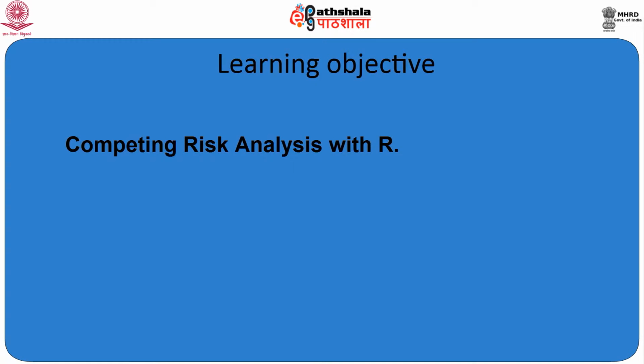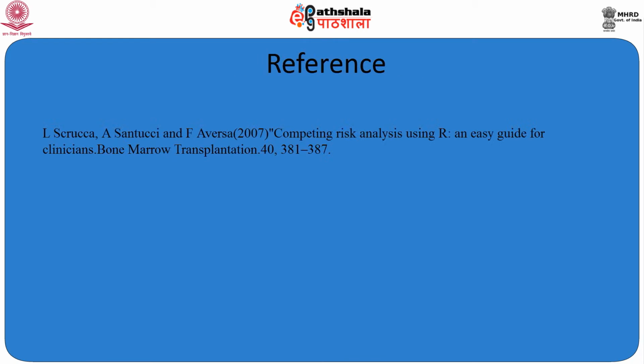Let's start the module. Here the learning objective is how to use R for competing risk analysis. Here we will illustrate one example through R. This reference is on competing risk analysis using R, an easy guide for clinicians. This paper came out in Bone Marrow Transplantation, volume 40, in 2007.